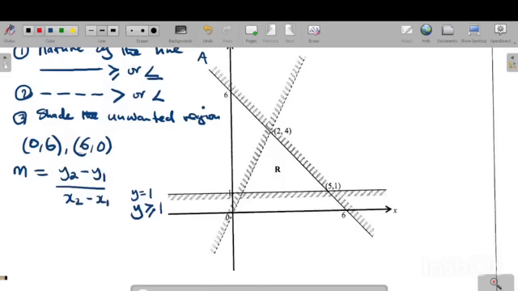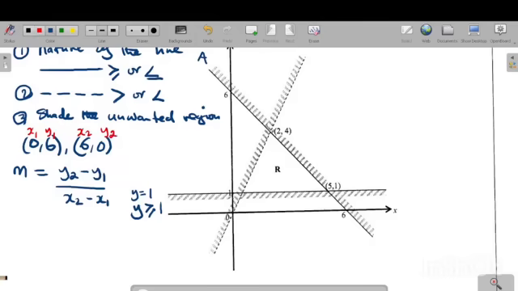When you look at these points, we don't have the x1, x2, y1, y2 labelled, so what you do is you make any of these points to be point 1. Let's make this first point to be point 1, so we have x1 and y1, and this will be x2, then y2.